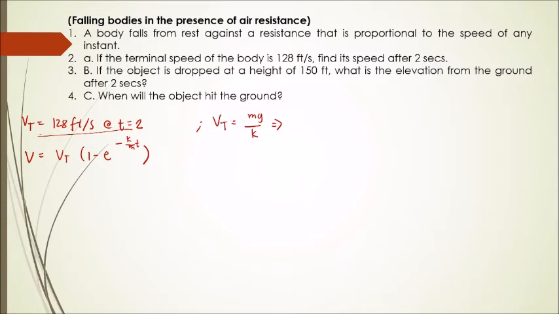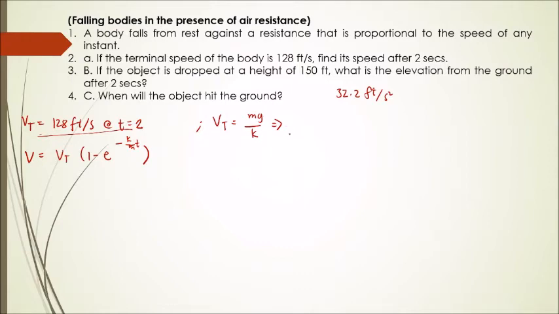We know that vt is equal to mg over k, but we don't have the mass. How do we do that? We have gravity. We don't have k, but we have vt. Now, we will use g, which is 32.2 feet per second squared, since the units here are English units.